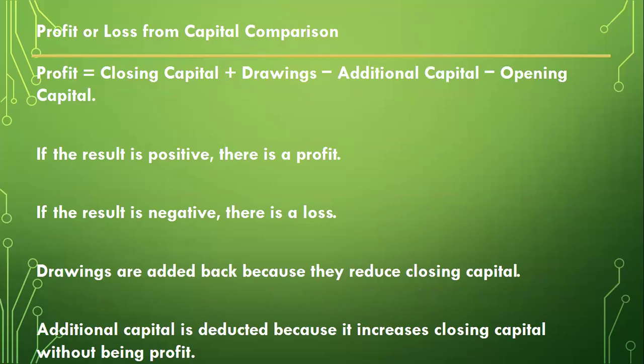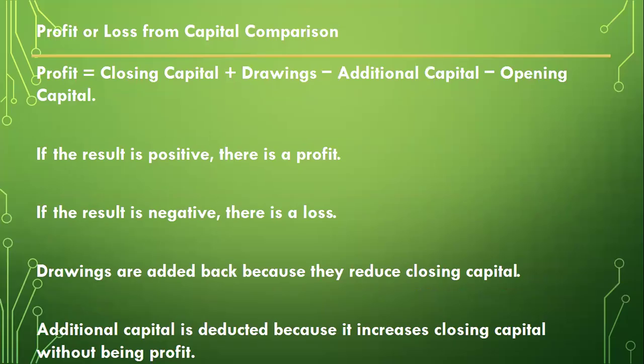And in an incomplete record or a single entry record, how do we get our profits? Since it is one of the characteristics, to ascertain your profits is usually difficult. So how do we go about that?